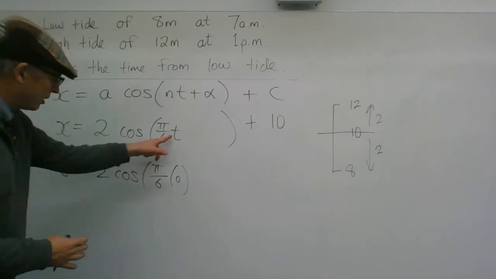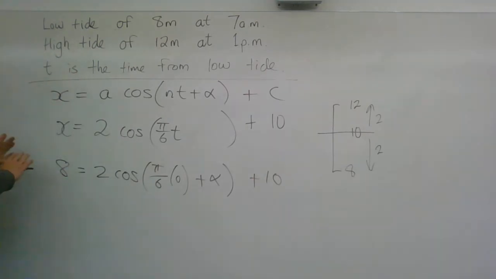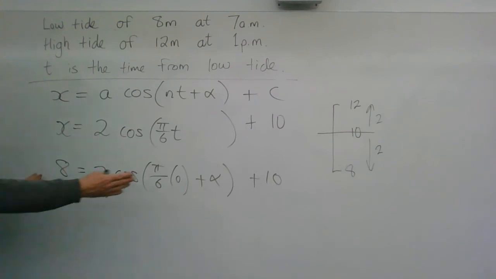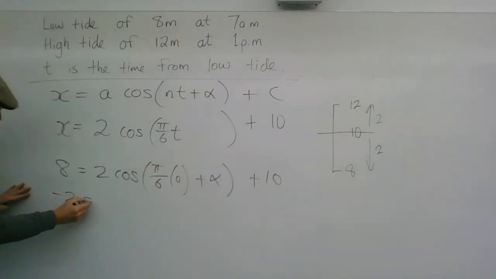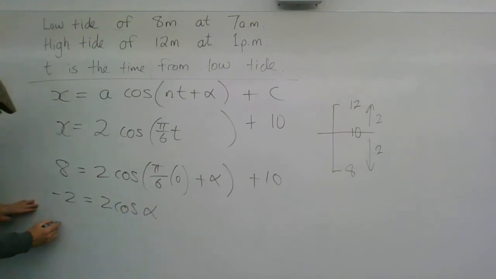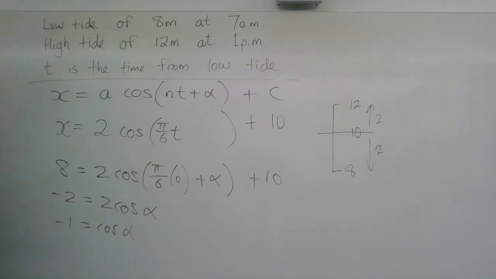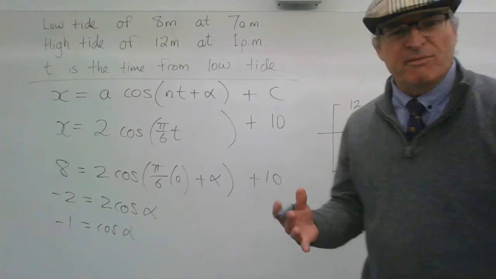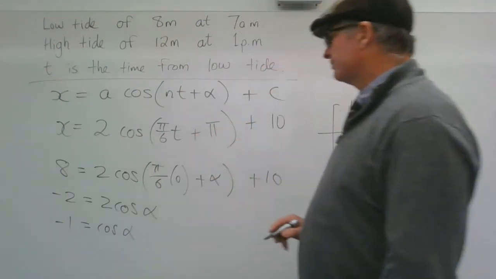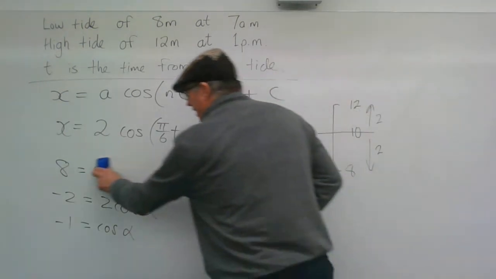Well, we're at low tide, so time is 0. So I can pop those numbers in, 8 meters, and then work out. So minus 10 off both sides. Minus 1 equals cos alpha. So alpha, cos of what equals minus 1? Cos of pi. So alpha is pi. So just by substituting in those values, I was able to work that out.